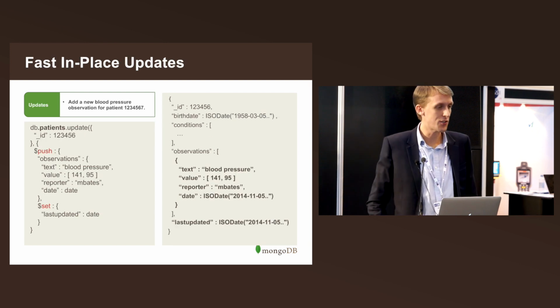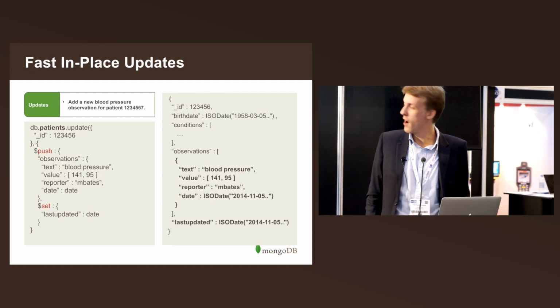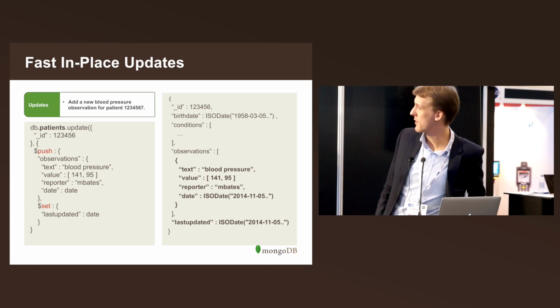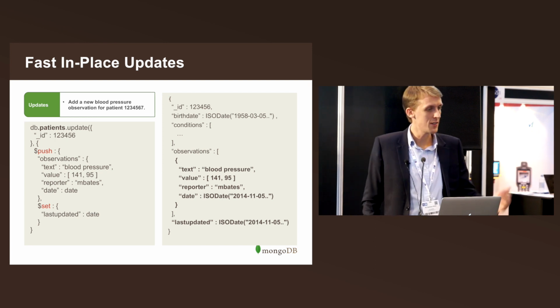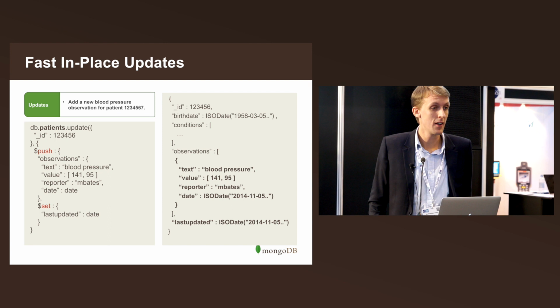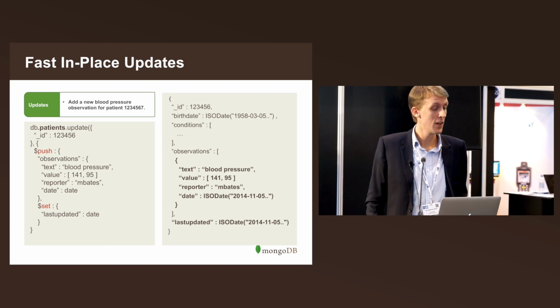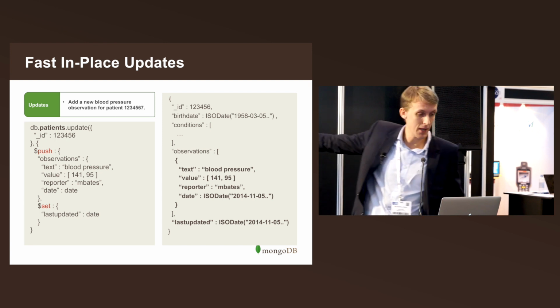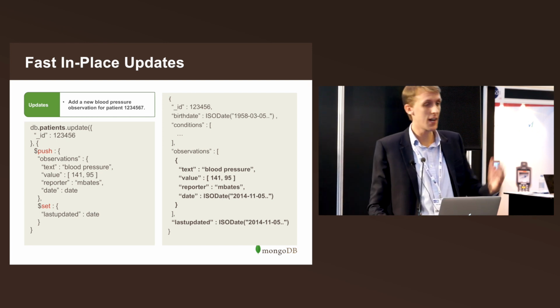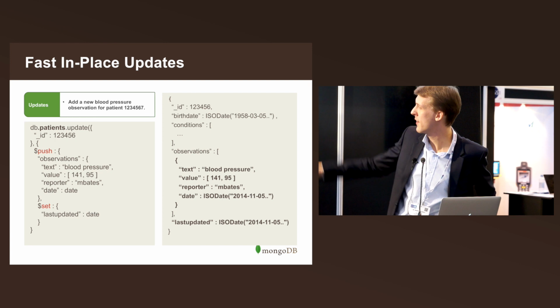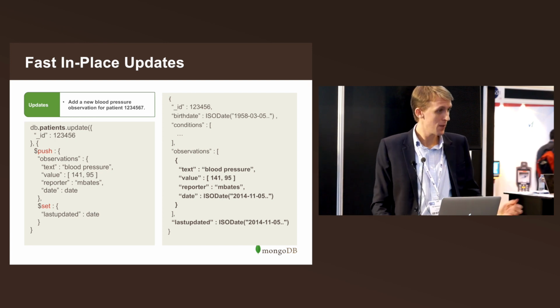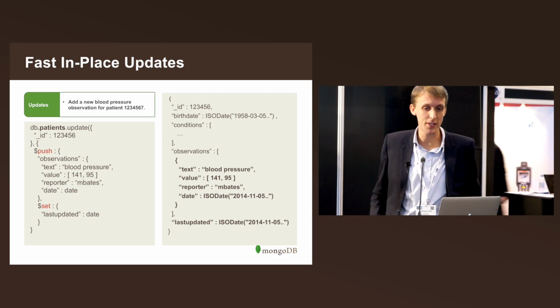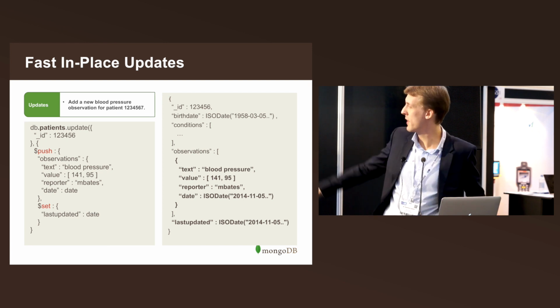We can also change this document on the fly as well. So for instance, if someone was to come in and have their blood pressure taken, we want to be able to store this as an observation, and we want to be able to store this within the patient document. So therefore we've got this ability to use an in-place update to take that observation, in this case the blood pressure, the clinician who was responsible for taking that, and also the time, and put it into the database.